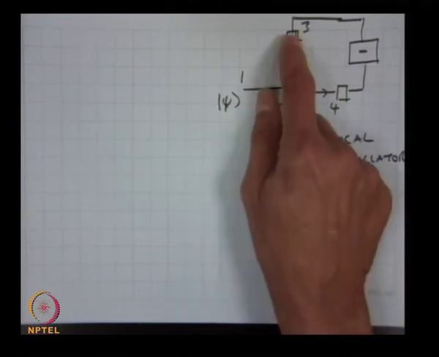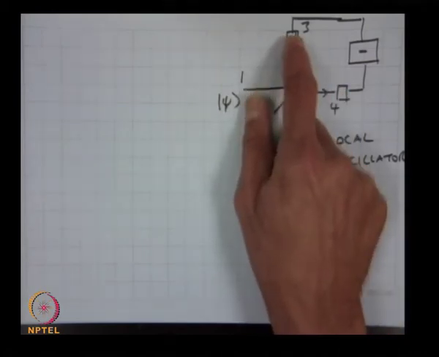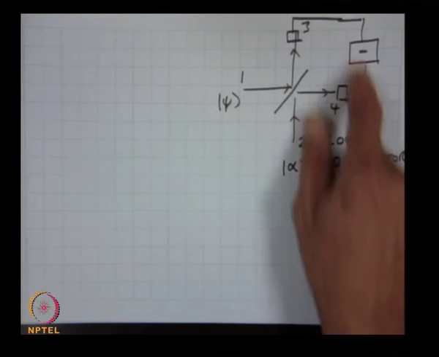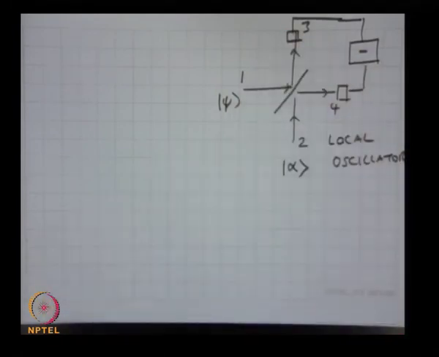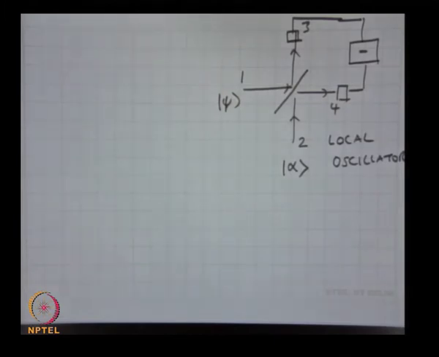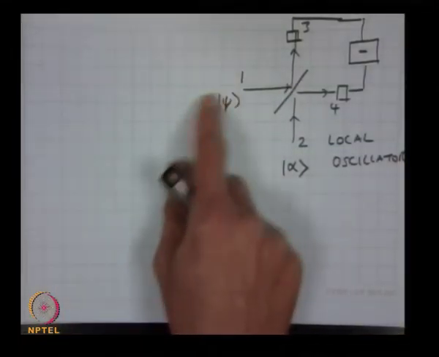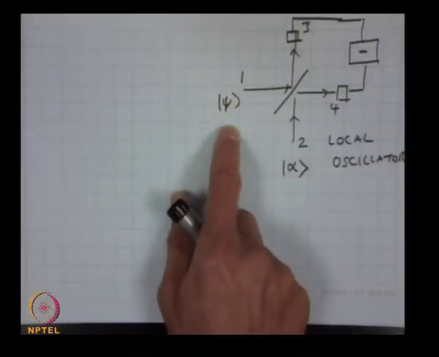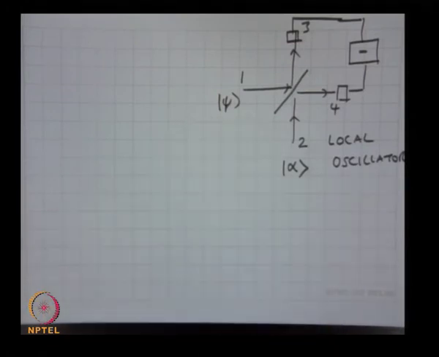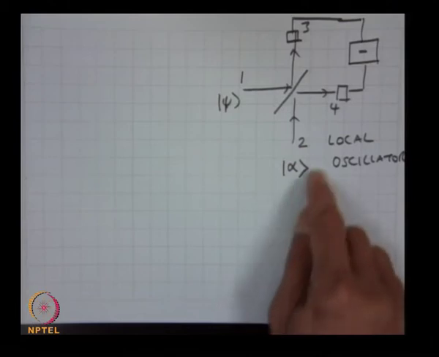These two beams then fall on two detectors, which detect the photons as they arrive, and then I do a processing of subtracting 4 from 3 or 3 from 4, and I will show you that this difference contains information about the phase, about the different quadratures contained in this state psi. I can choose the different quadrature which I'm measuring by modifying the phase of this local oscillator.